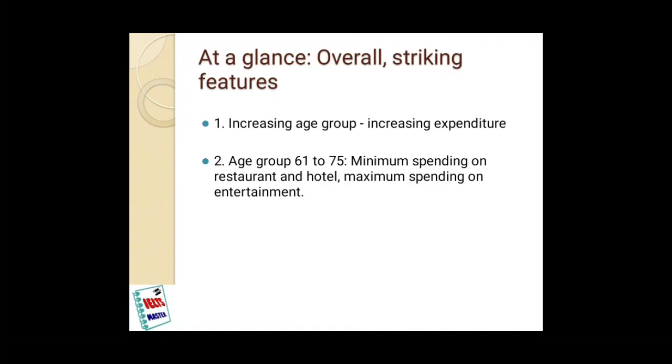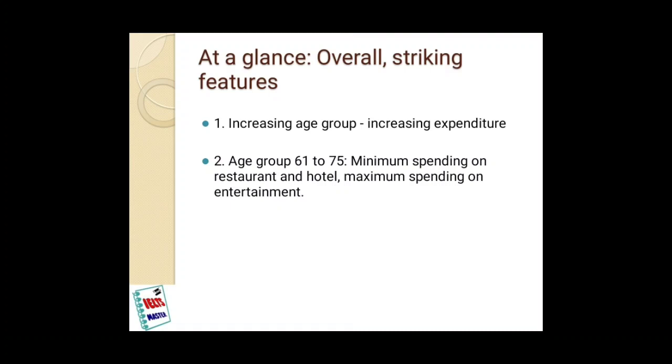This is just my perspective; it can be different with different people, who can have a different outlook. The first striking feature that I can see is, as age increases among the age groups, we can see increased spending in the category food and drink.